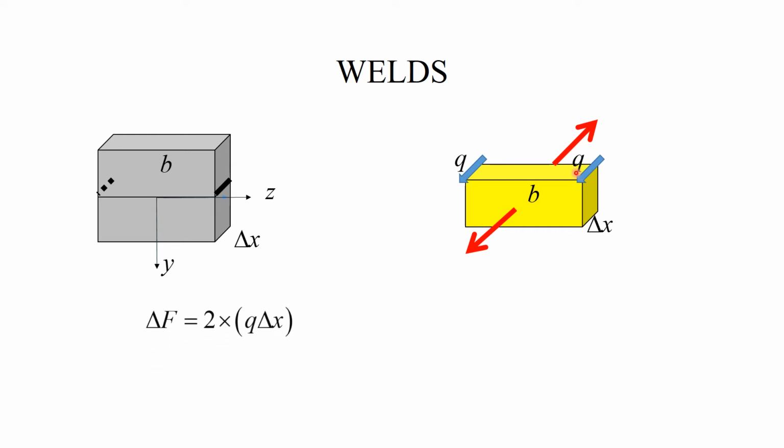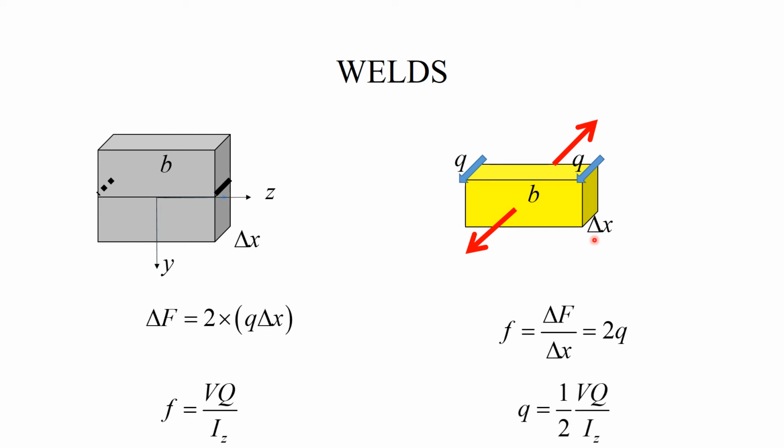Now, delta F, the force carried by the joints, is equal to 2, because I have two welds, and the force in each weld is q times delta X. So with this in mind, I obtain that the shear flow carried by the joints, delta F over delta X, is equal to 2q. Now comes the generic expression for the shear flow.